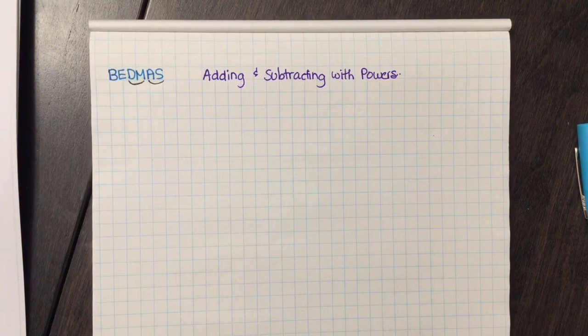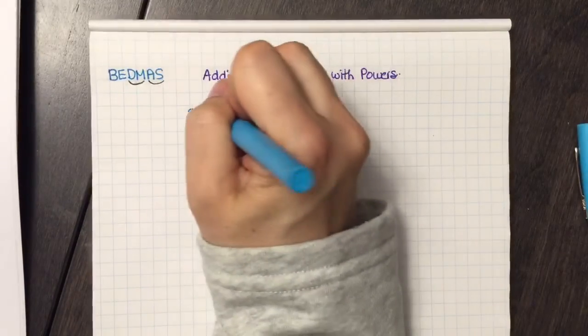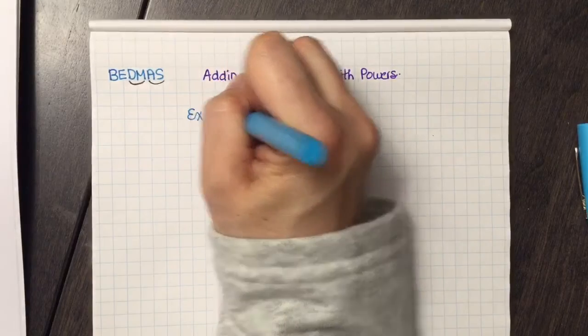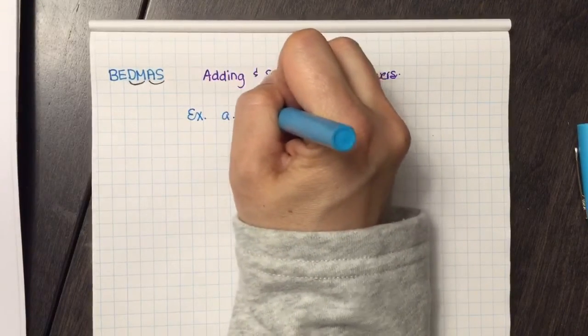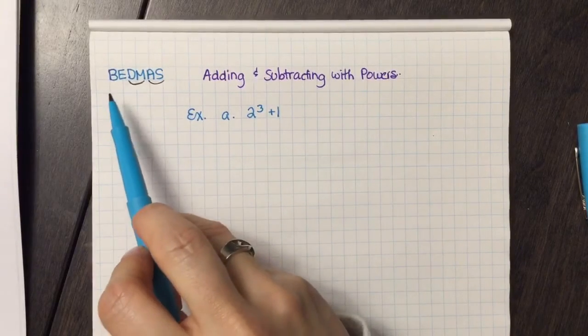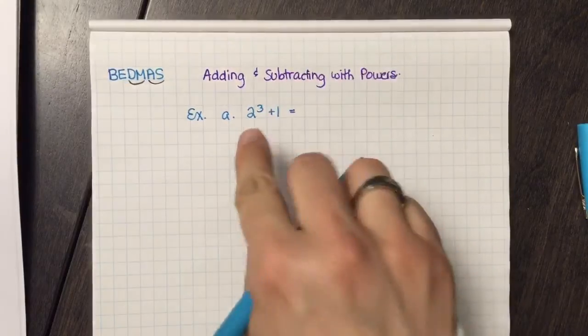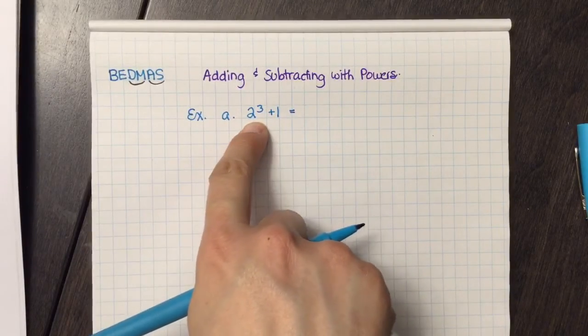Let's take a look at the example on page 67. Example A says 2 cubed plus 1. We don't have any brackets, but we do have exponents. So the first thing I would do is look at 2 cubed.